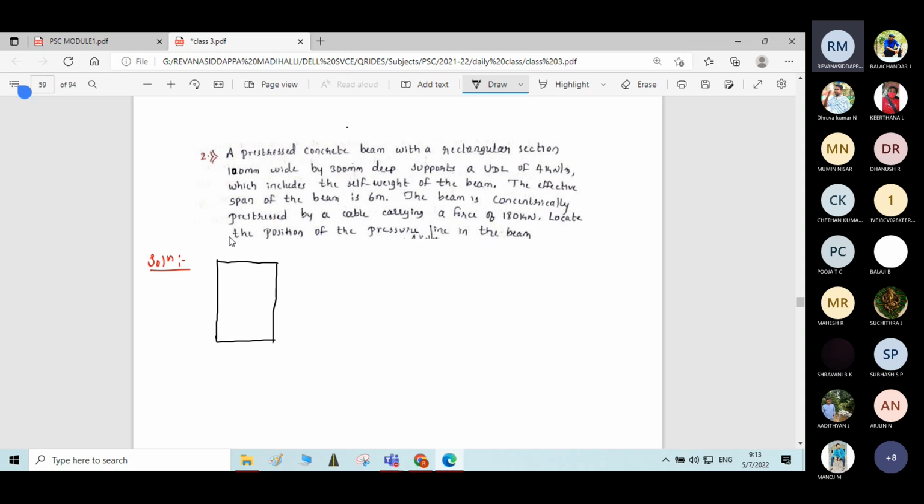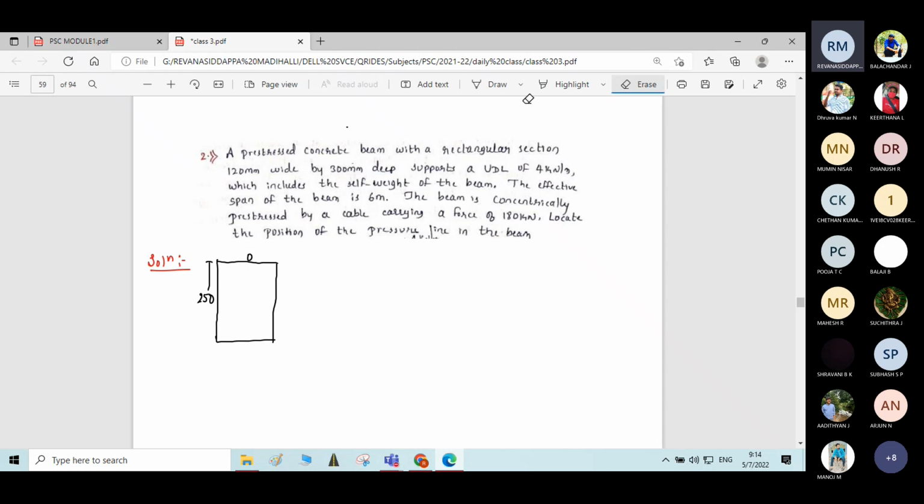Okay, make it 100 mm. 100 by 250. Sorry, it is 120 only.